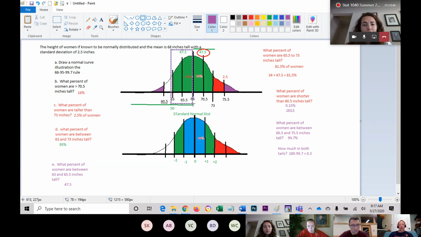Okay. Now the question is, what is in this box here? Oh, I should have picked a different color, like blue. What's in that box?